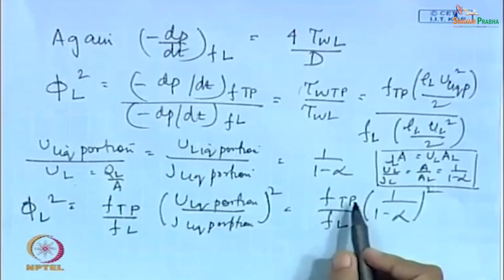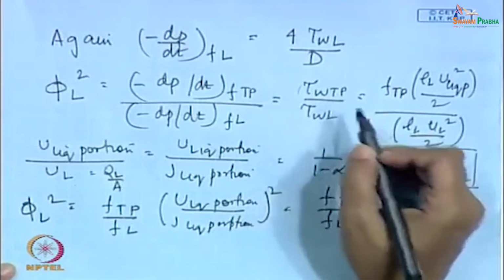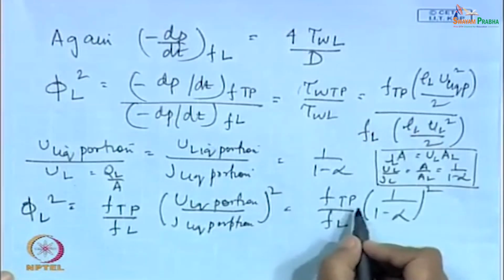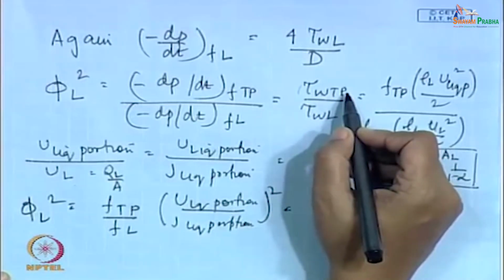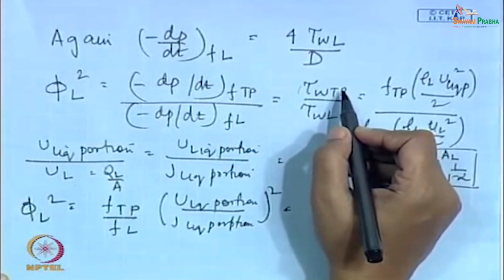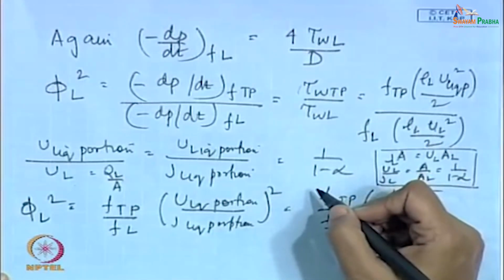This F TP, or this tau W TP, arises why? Because the liquid film is in contact with the wall. Agreed? So, this must depend on what?